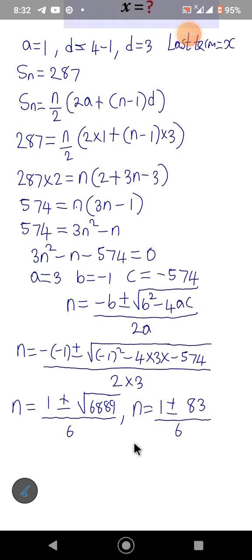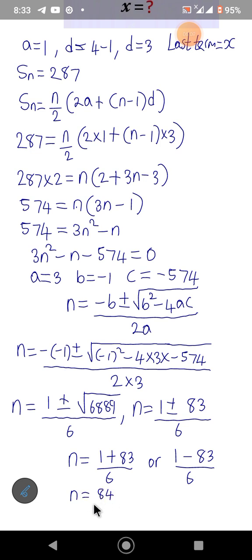Then I will say n will be equal to 1 plus 83 over 6 or 1 minus 83 over 6. Now 1 plus 83 will give me 84, so n equals 84 over 6, or n is equal to 1 minus 83, which will give me minus 82, over 6.